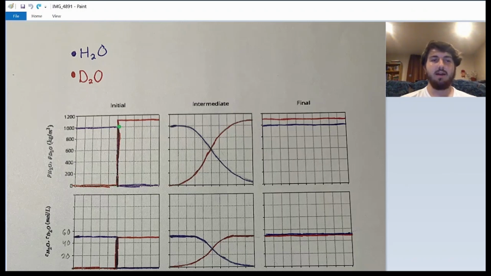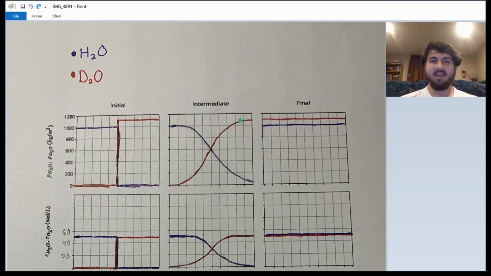But at the divider, it drops down to 0 because there is no H2O on the right side. The opposite is for D2O. The D2O is at 0 on the left side from 0 to 5 centimeters, but it rises up to 1,110 kilograms per meter cubed once it hits the right side of the divider at 5 to 10 centimeters.